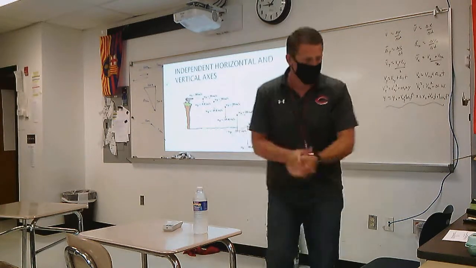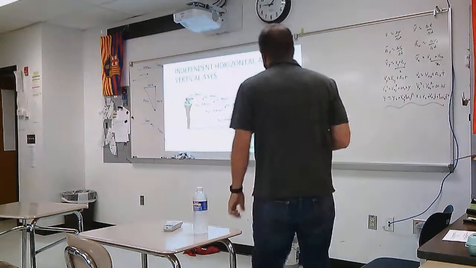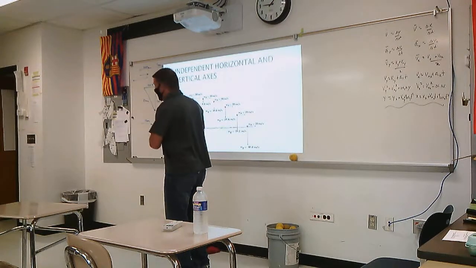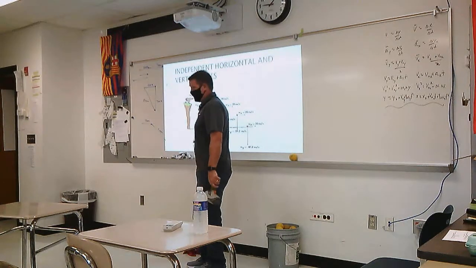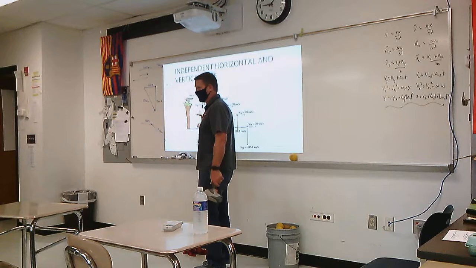All right? Now, we have those x components that are 20 meters per second, and we have the y components that are changing. If I took my radar gun and got the actual speed of this thing right here, it wouldn't be 20 meters per second, and it wouldn't be 9.8 meters per second.